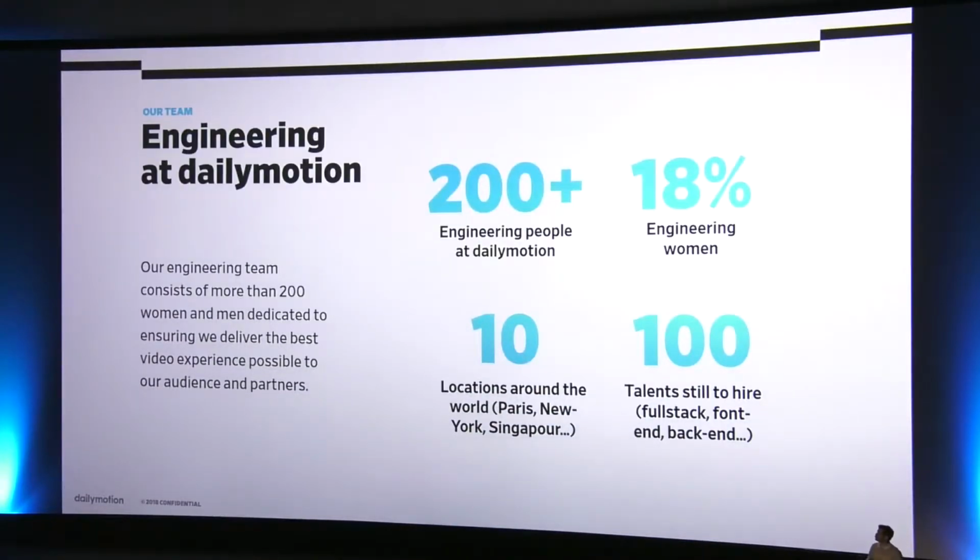Dailymotion is more than 200 men and women dedicated to ensuring that we are delivering the best video experience to our audience and our partners. More than 18% are women, which is awesome. We are located in 10 different locations around the world, Paris, New York, Singapore, and we're still looking for another 100 people.